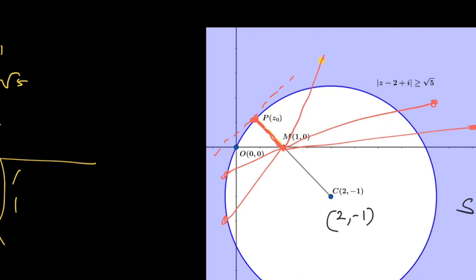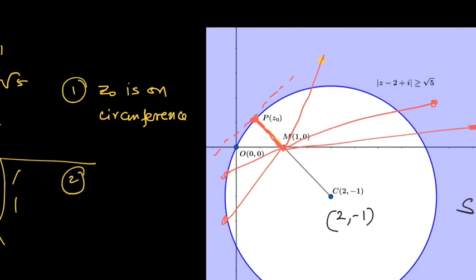We haven't found the exact coordinates of Z0. That is not required in this question. But we just know that Z0 is on the circumference. That is one thing. Second thing is Z0 is in the first quadrant.